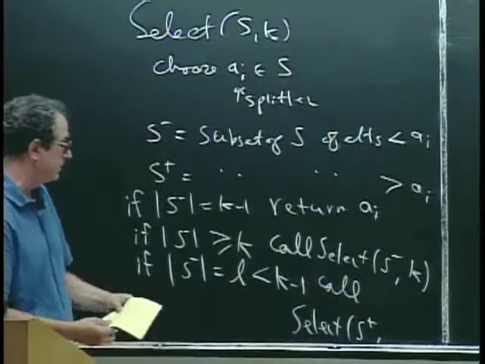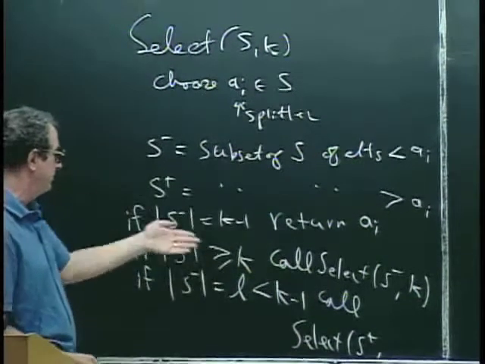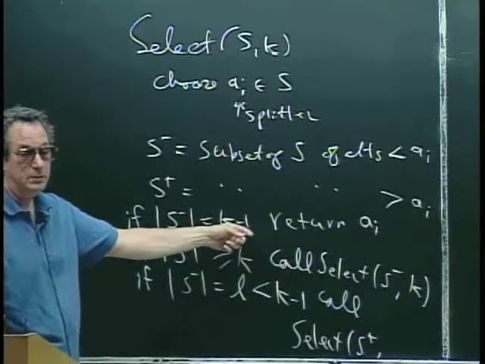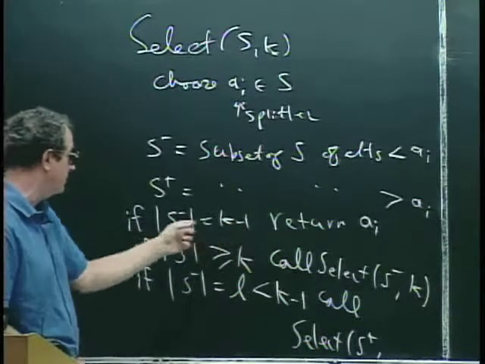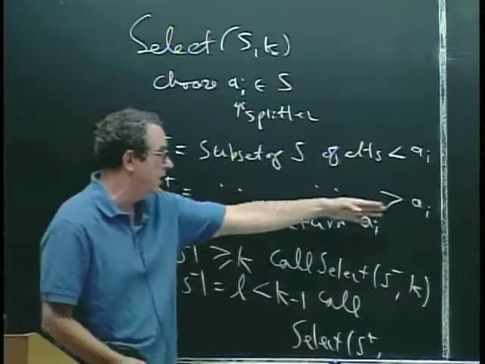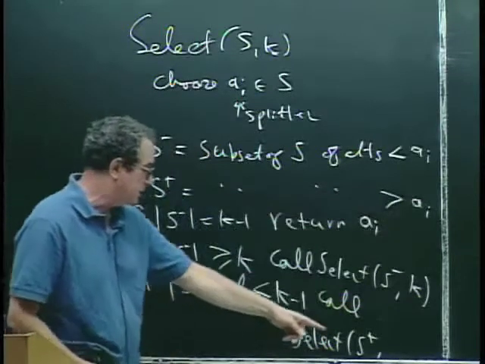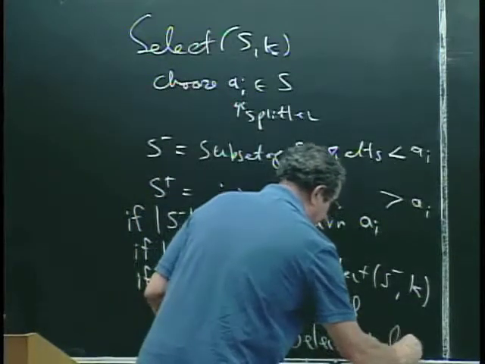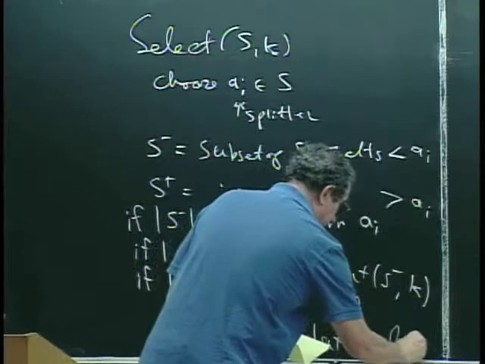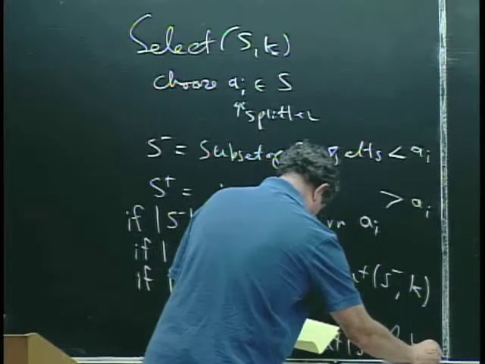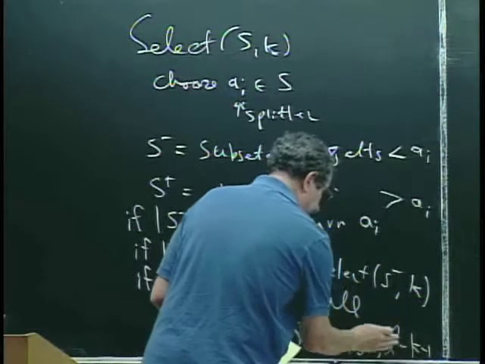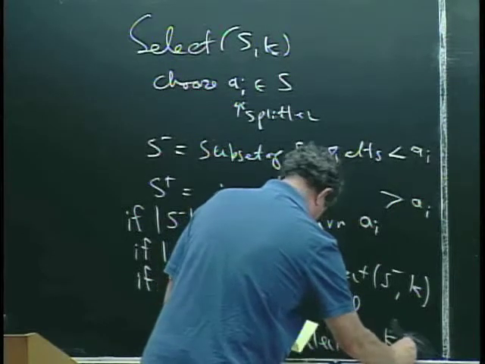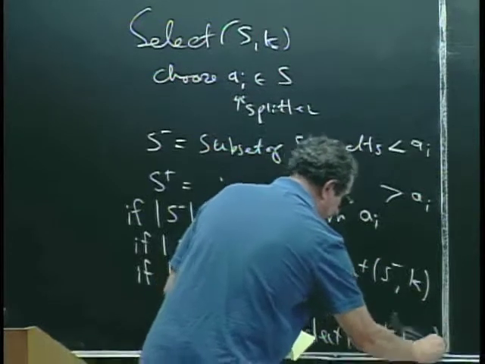And since we're now able to reject k minus 1 elements as containing the kth smallest, and also reject a_i as being the kth smallest, then inside of S plus what we're looking for is the k minus 1 minus Lth smallest.